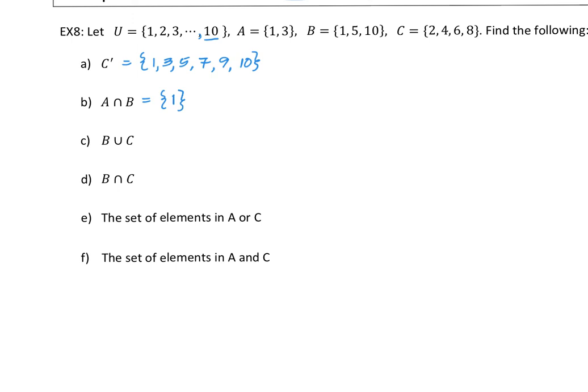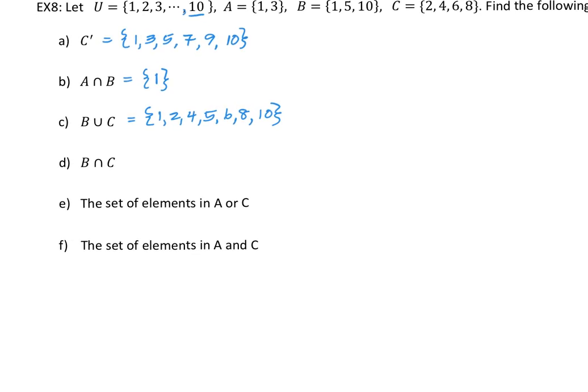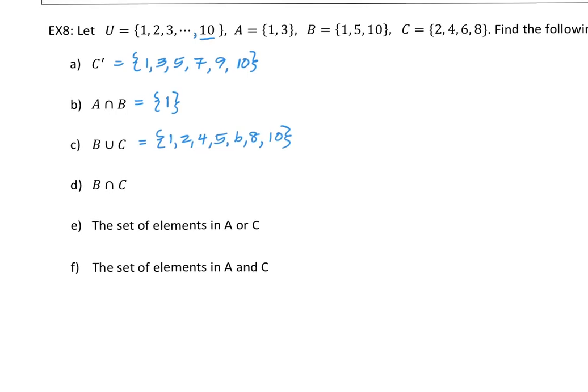Part C, we want to find the union of B with C. So again, it's going to be a set. Union means just put these all together and make one big set. So I have 1, 2, 4, 5, 6, 8, and 10. Let's see, did I get them all? Again, order doesn't matter. I could have written 1, 5, 10, 2, 4, 6, 8.